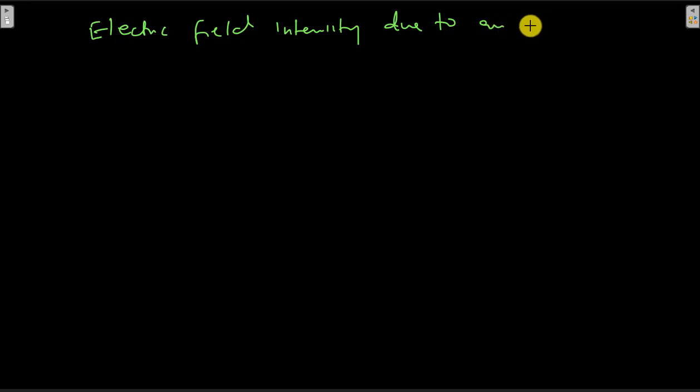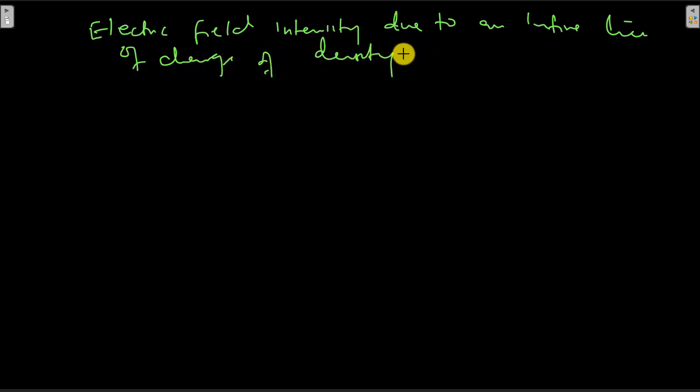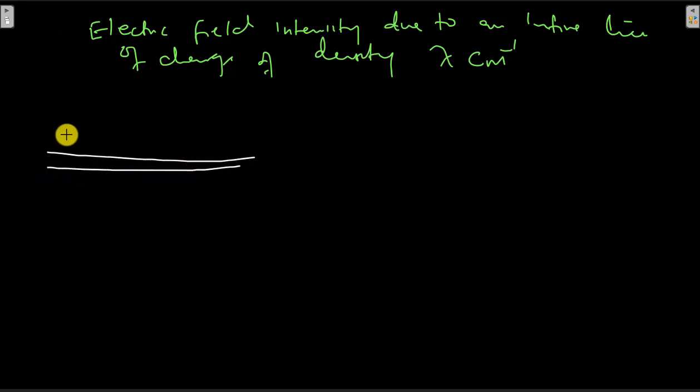Let's say the charge density is, let's suppose, lambda coulombs per meter. So this is what we have. We have an infinite line of charge, a very thin line of charge. Let's suppose it's given a positive charge.